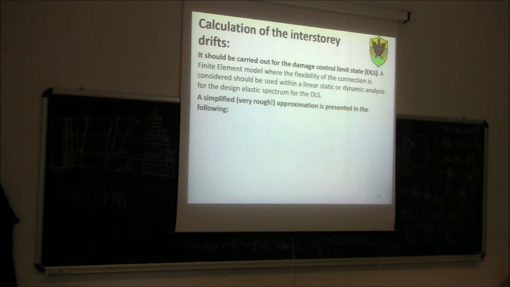So for cross-laminated timber, you can see here a simplified and very rough method that is based on the fact that if I have a cross-lam wall and I apply a lateral force, for example, a force due to the earthquake, in general, as I said before, I will have two predominant deflection components.